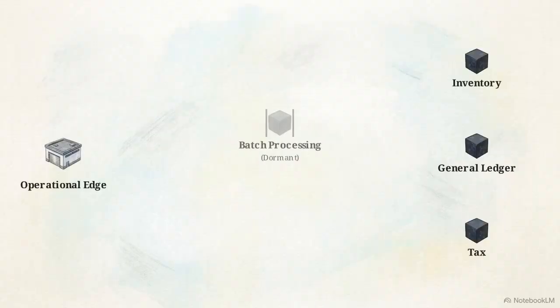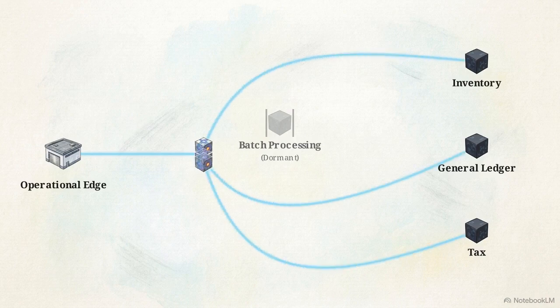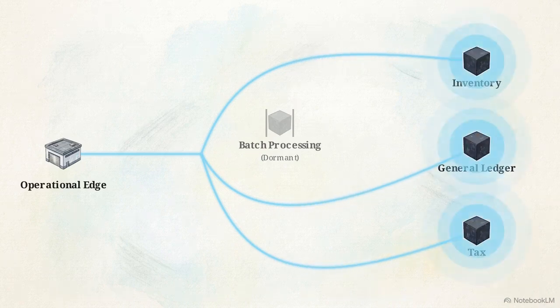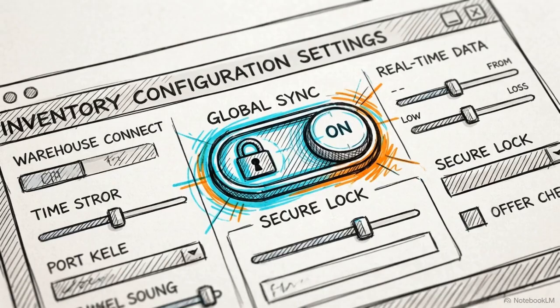We track this pipeline's architecture by following a single edge input, like a physical barcode scan or a digital webhook payment. As it enters the system, it splits into distinct pathways, completely bypassing batch processing to cascade into inventory and tax nodes simultaneously. To maintain structural integrity at this speed, the APS inventory module enforces strict methodological constraints on the data it processes.